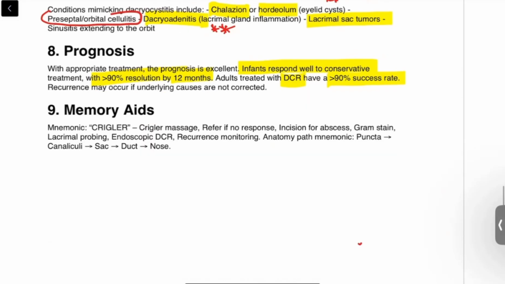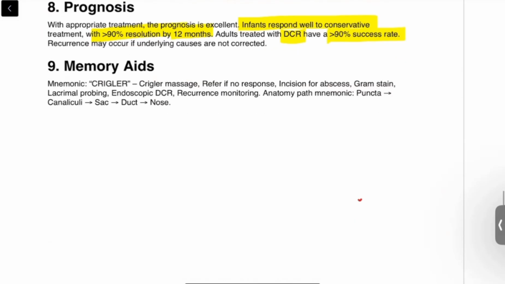Okay, so at last, a memory aid to remember whatever we studied till now is a mnemonic called CRIGLER. So Crigler's massage is associated with dacryocystitis, and you can remember the entire class of today by Crigler. C stands for Crigler massage, R for refer if no response, and I for incision for abscesses.